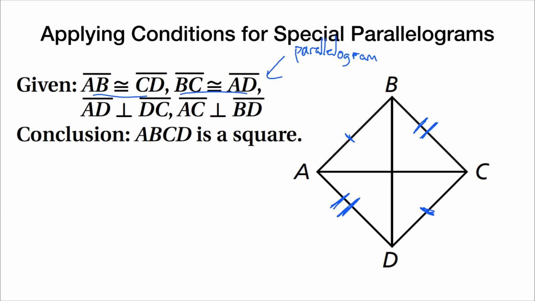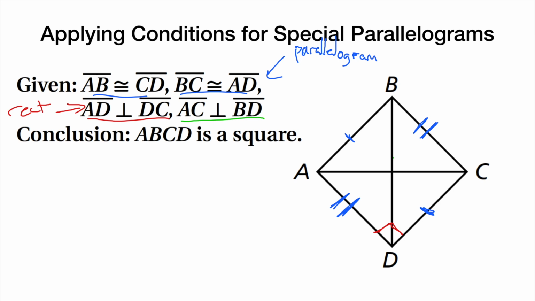Now, let's talk about our next piece of information. What we have here is that AD is perpendicular to DC, which would be this right here. This proves it's a rectangle. So I'm just going to write rect right here. And then we are told AC is perpendicular to BD.